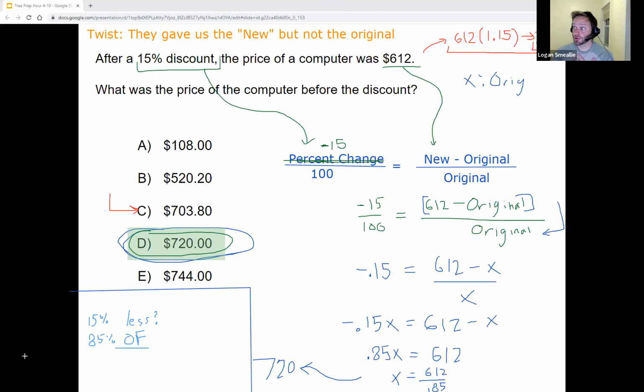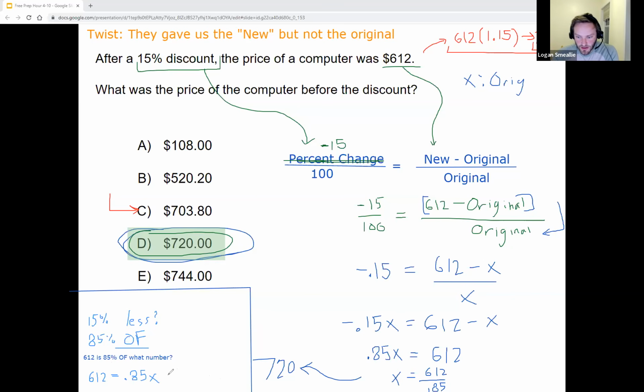But this question could just as easily have been phrased as: 612 is 85% of what number? And from that, if you're good with percent of stuff, you might be able to say, okay, 612 is, there's my equal sign, 85% of X. 612 is 85% of what number?